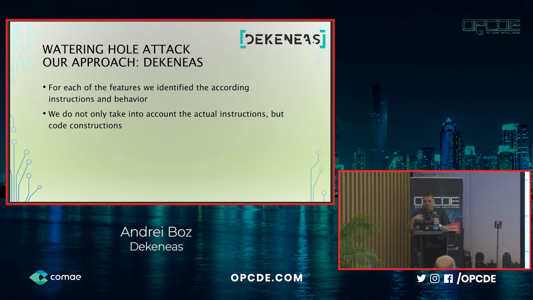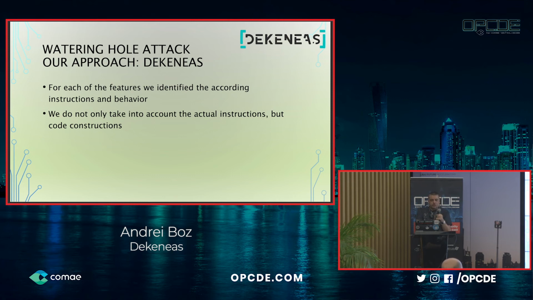And actually, as I was stating earlier, we don't look for certain instructions, but actual code constructions, how the semantics are used, and where the instructions are placed in the script or HTML page, and how that might affect the specifics of that certain DOM.